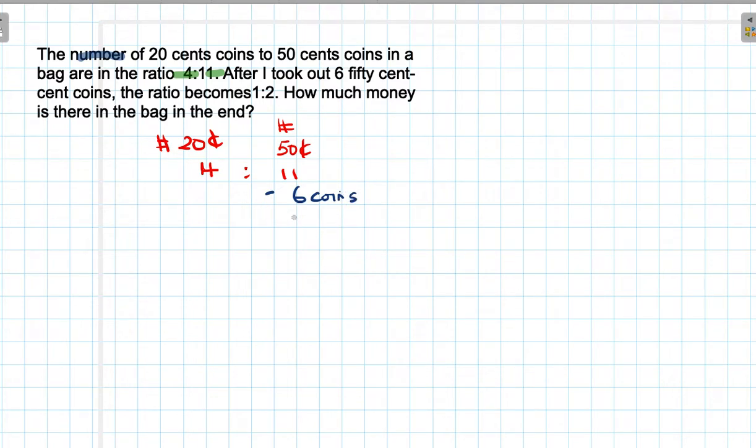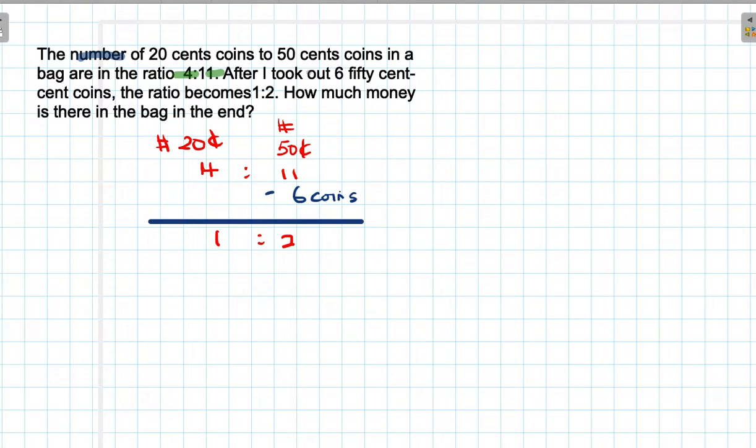Okay, and then the ratio becomes 1:2. Here becomes 1:2.